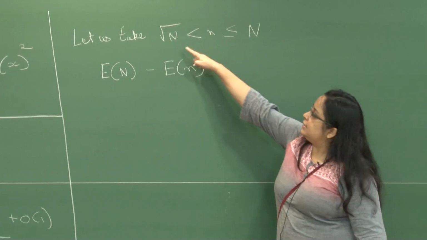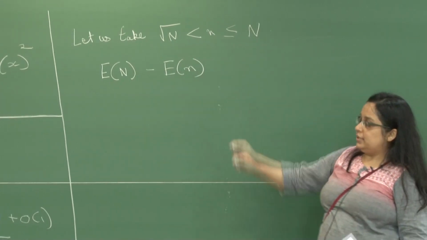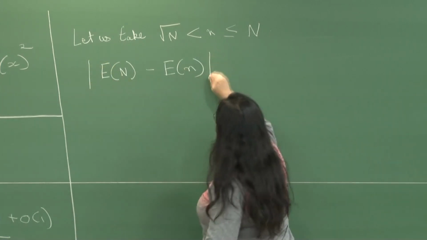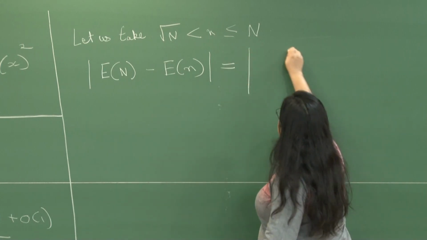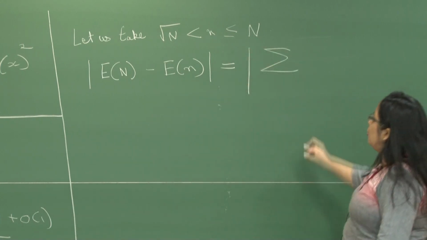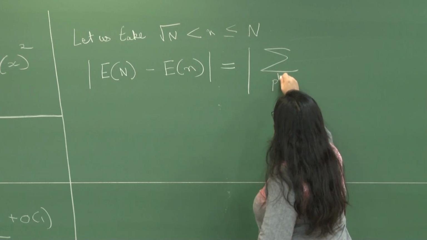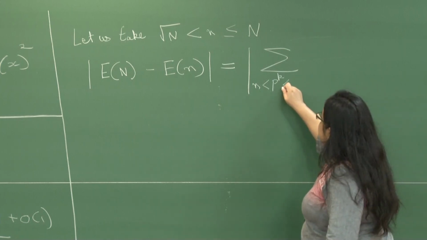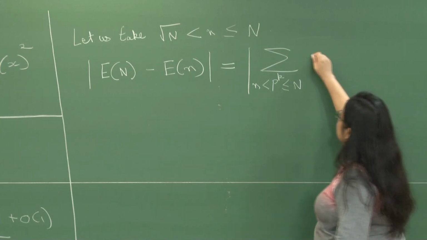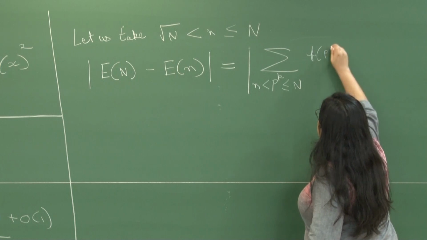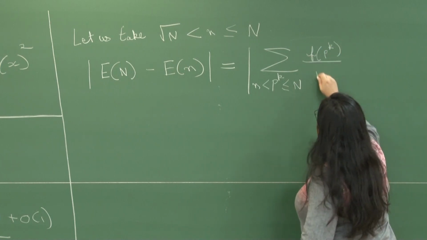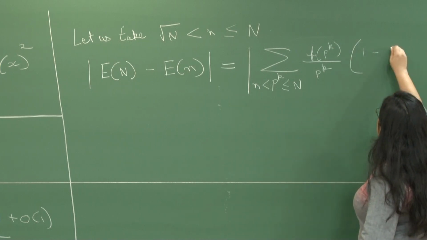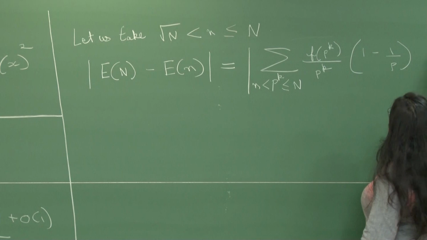If n is in this part of the set, what can you say about the difference? So, by definition, what is this set? This is the absolute value of the sum over all those prime powers which are strictly greater than little n and less than or equal to capital N, of f of p raised to the k over p raised to the k times 1 minus 1 over p.